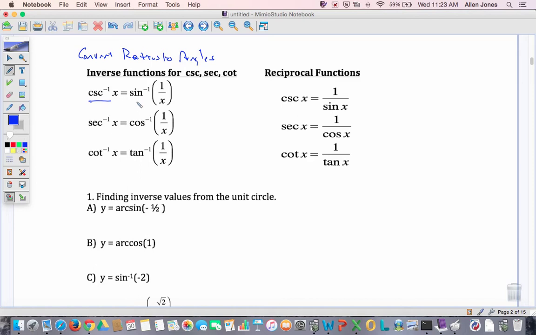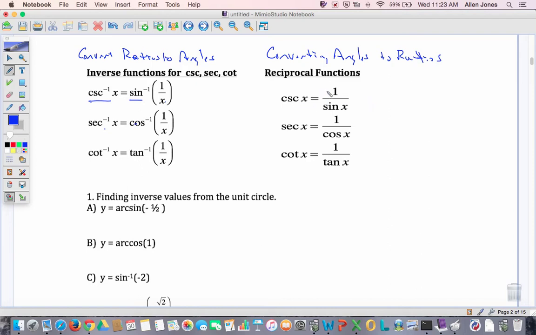We don't have a cosecant function on our calculator, so we use inverse sine of 1 divided by that value. Inverse secant, inverse cosine of 1 divided by x, and so forth. Inverse cotangent equals inverse tangent of 1 divided by x. For our reciprocal functions, over here, we're converting angles to ratios.